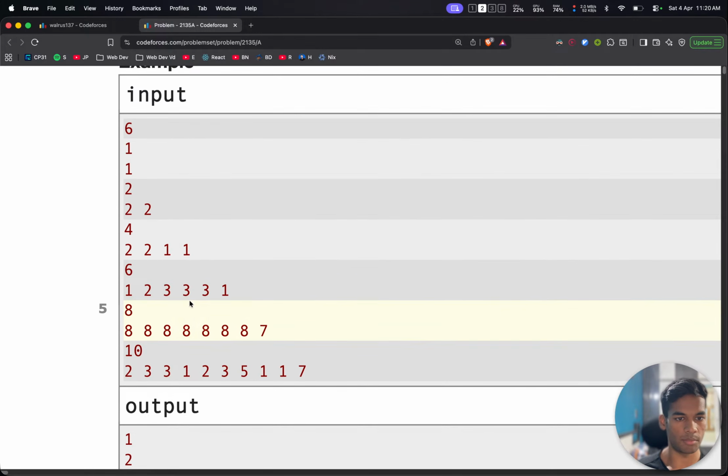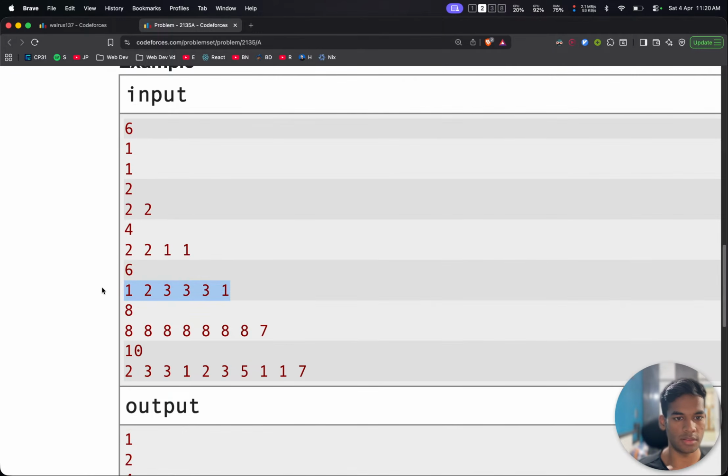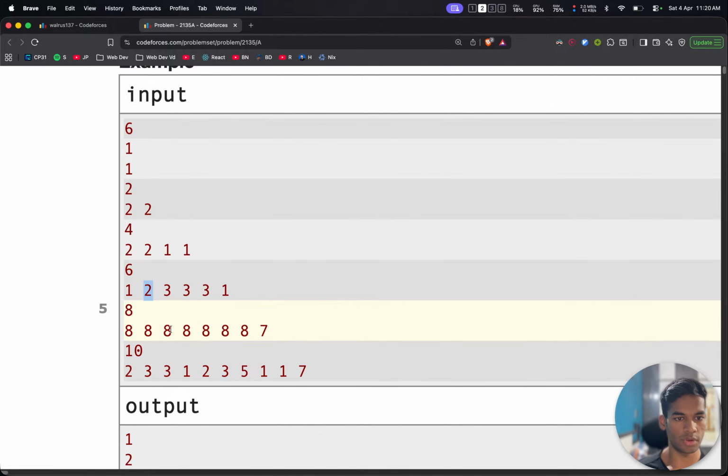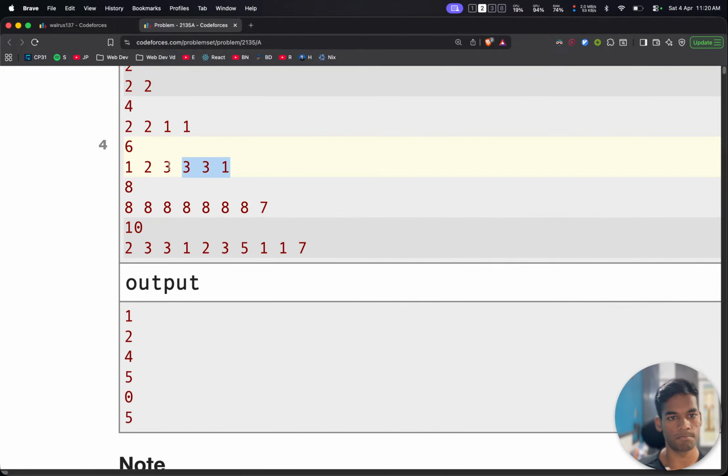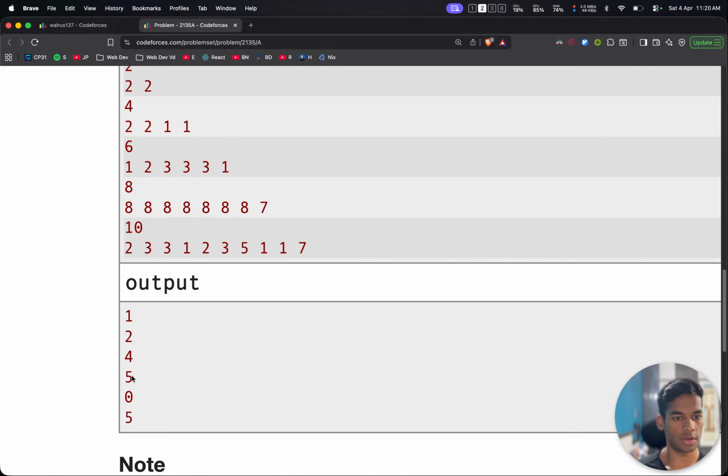For example, in this case, we can remove this 2, and then we will have a neat array where we have one block of size 1, which would be this one, then one block of size 3, and one block of size 4, or one block of size 1 again. So the size of this thing would be 5. 5 is the answer.